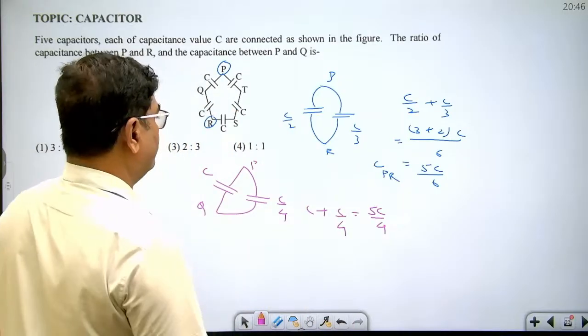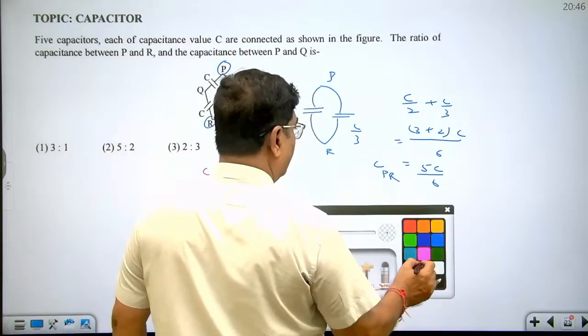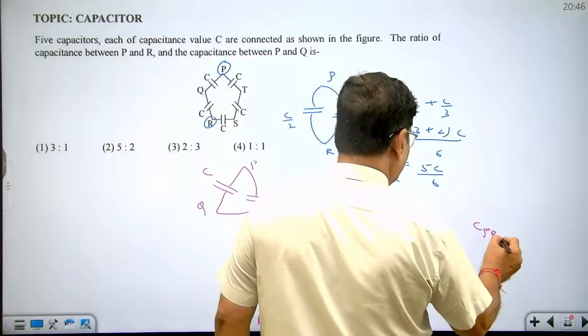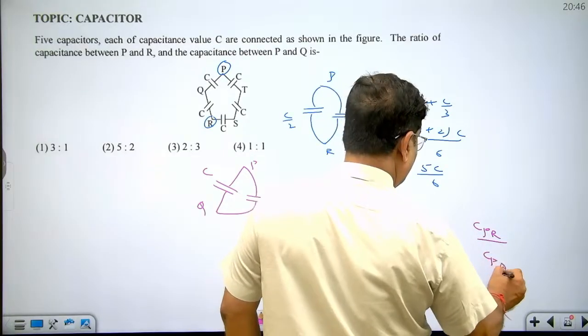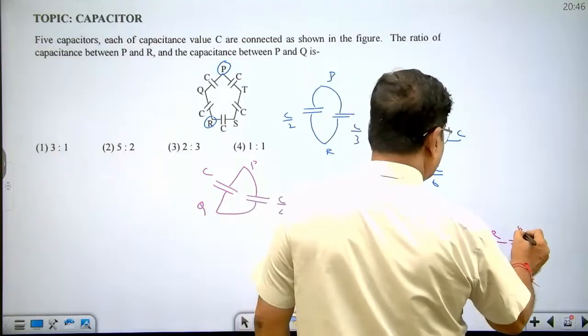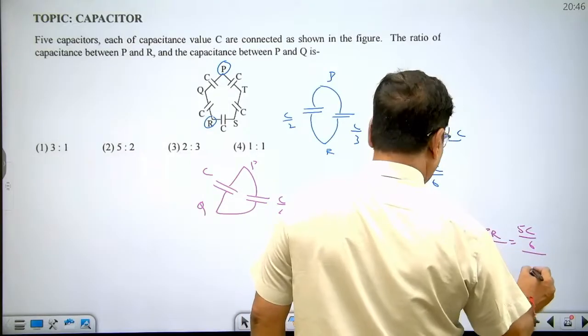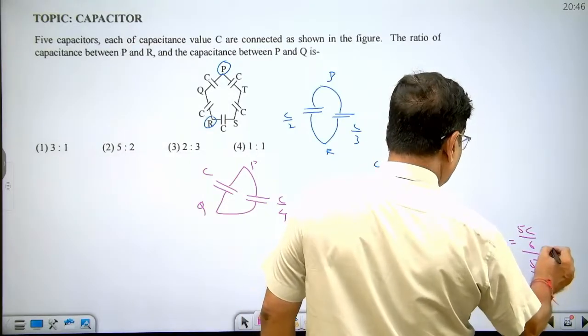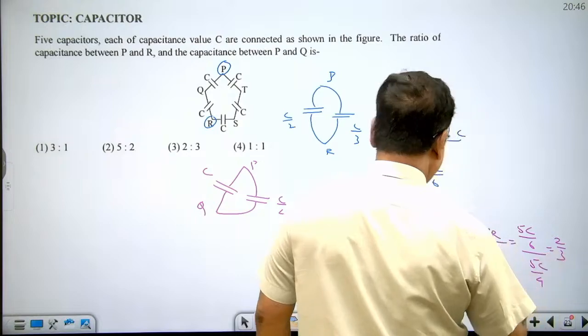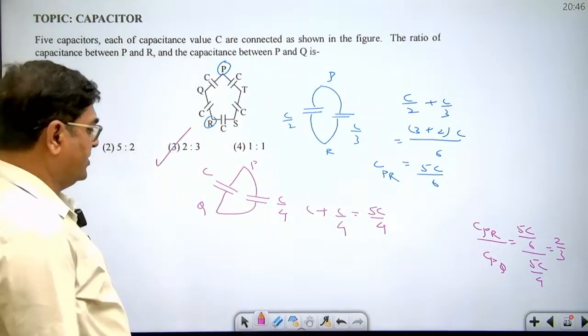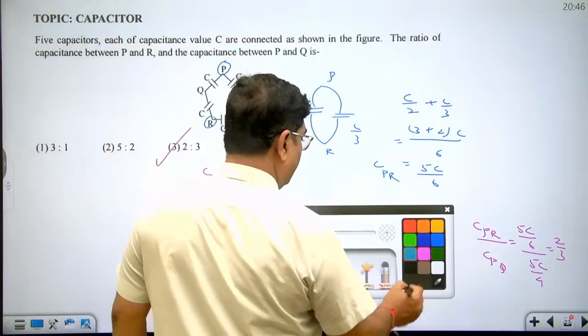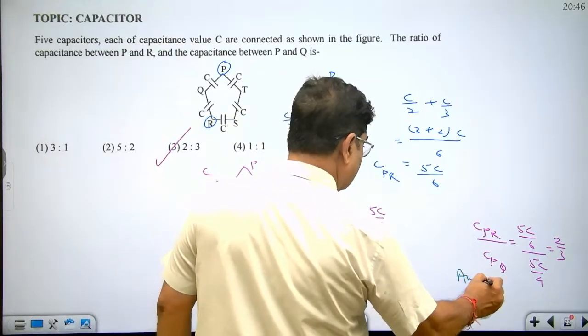So the ratio between the capacitance between P and R and between P and Q is 5C by 6 divided by 5C upon 4. So the answer is 2 upon 3. So the answer to the question is option 3. So dear student, option 3 is the correct answer.